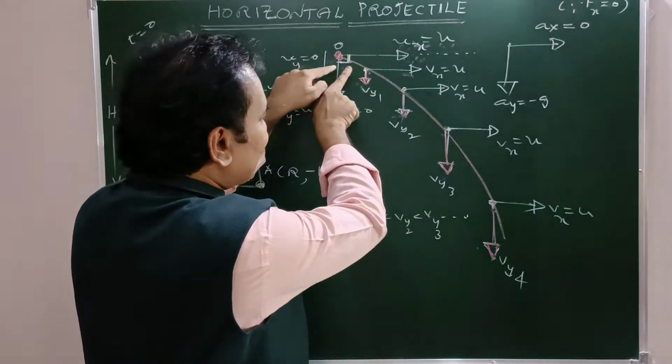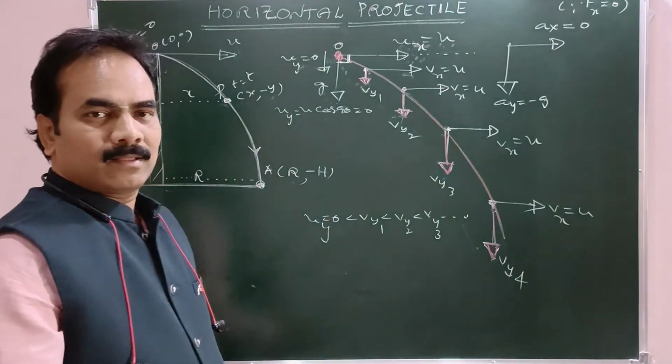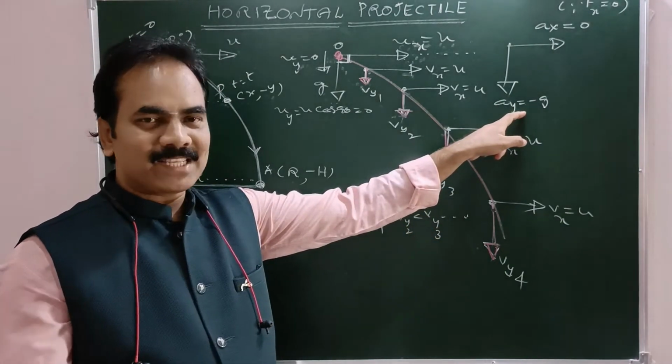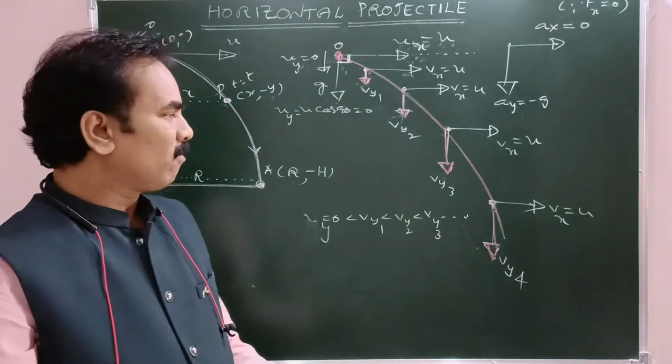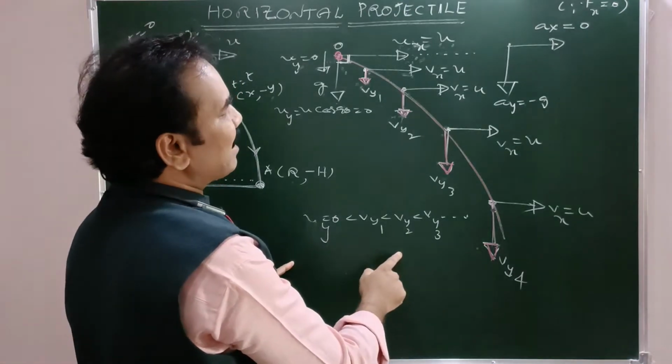So gradually the vertical component increases from 0 to a maximum, at a constant rate. Why? Because the gravitational force at a given place is constant, so the acceleration downwards is constant. Therefore the vertical motion is uniformly accelerated motion.